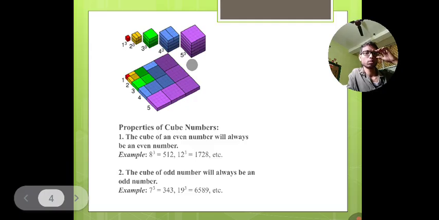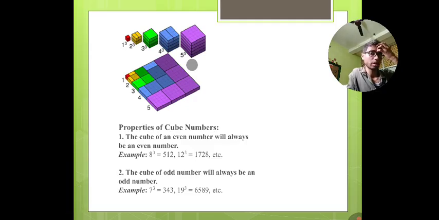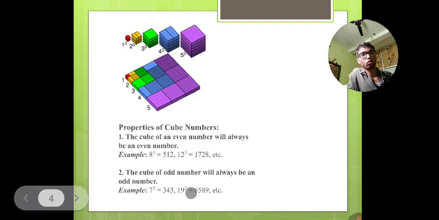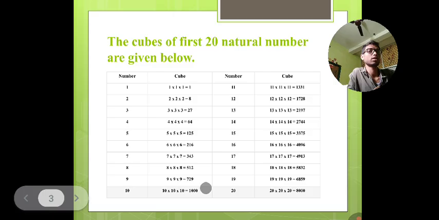Properties of cube numbers. First, the cube of an even number will always be an even number. The cube of an odd number will always be an odd number. This is the main property. I would like to show you something.